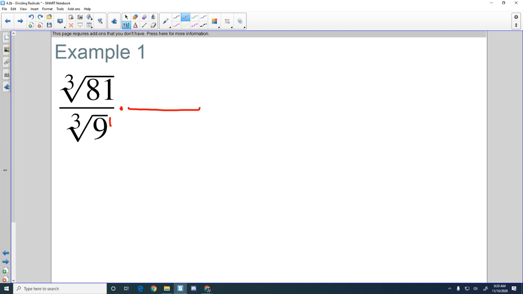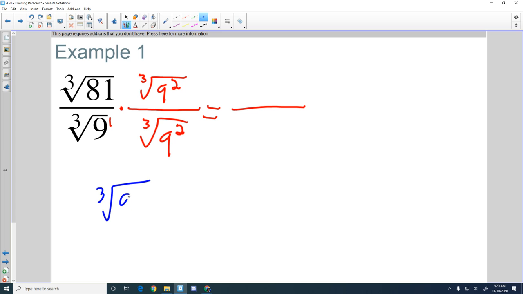To make it its exponent of 3, we would need just 2 more. So we'd multiply by the cube root of 9 squared, because then 9 to the first times 9 to the second would be 9 to the third, and that exponent will match the index. Multiply by that same amount up top, and in our denominator, just to show you what's really happening here, we'd have the cube root of 9 to the third, because you have 9 to the first times 9 to the second, that's 9 to the third. The index and the exponent cancel out, and they leave us with just a regular 9 in the bottom, which is super cool.